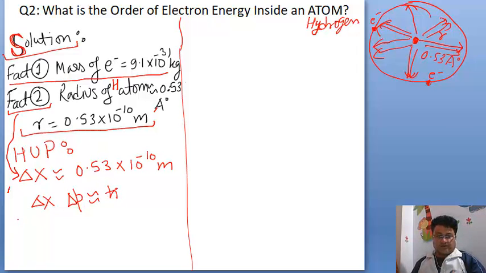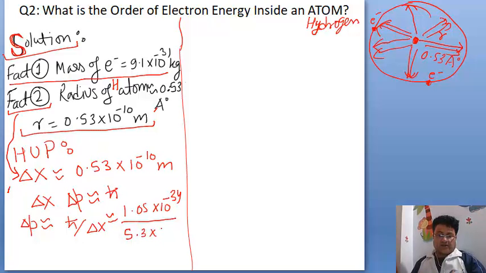It means delta p would be h cross by delta x. h cross is 1.05 into 10 to the power minus 34, that is h upon 2 pi, which is h upon 6.28, and delta x is 5.3 into 10 to the power minus 11.